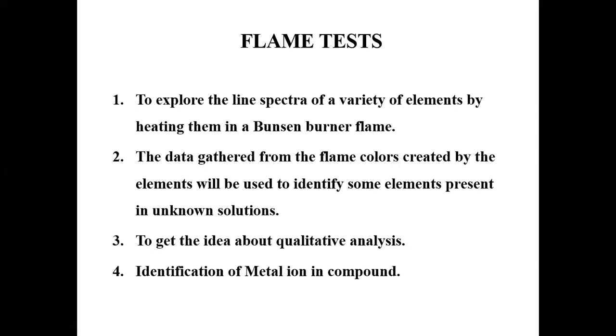So you can also consider that this is one of the limitations of this flame test, that we cannot identify the non-metallic part in an ionic compound. So these are the objectives of the flame test, or aims, or the reasons for carrying out this test.